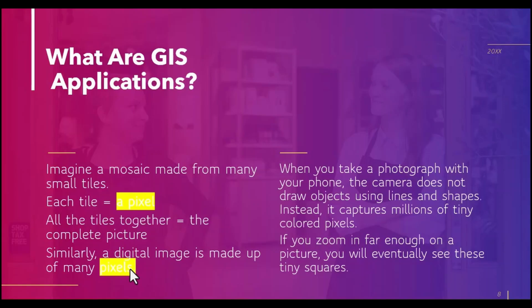When you take a photograph with your phone, the camera does not draw objects using lines and shapes. Instead, it captures millions of tiny color pixels. If you zoom in far enough on a picture, you will eventually see these tiny squares.